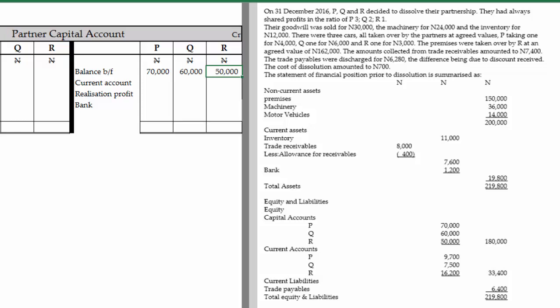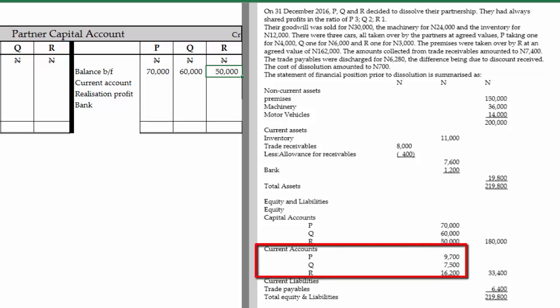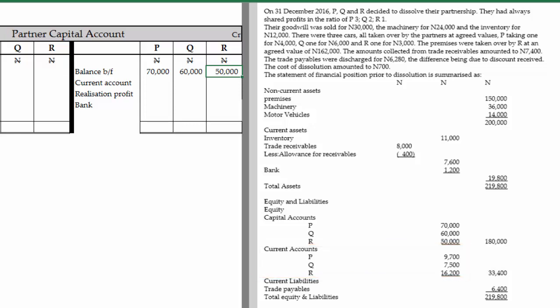Let's go back to the statement of financial position. Now we have a current account. Remember what a current account is? It's used when an entity is maintaining a fixed capital account. So any increase or decrease in capital will not go directly to the capital account, but to the current account.